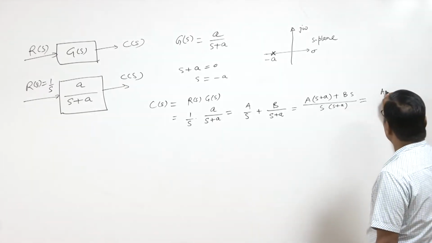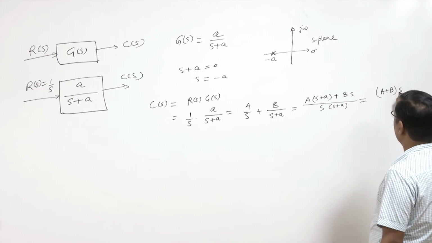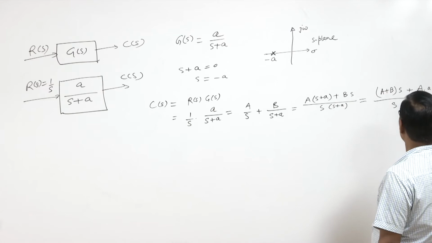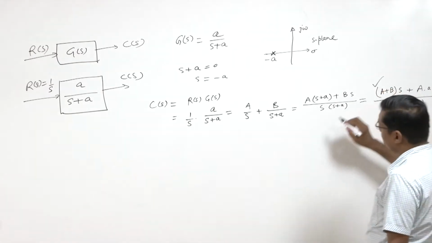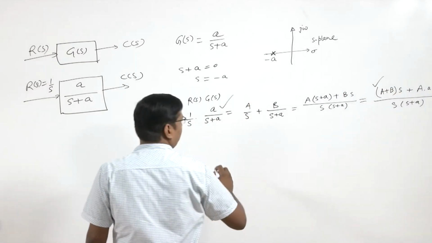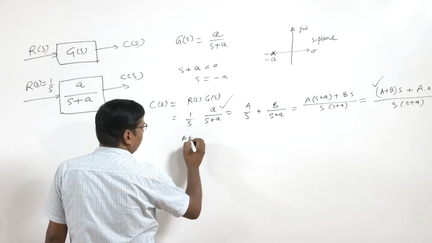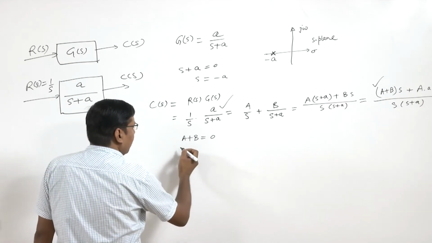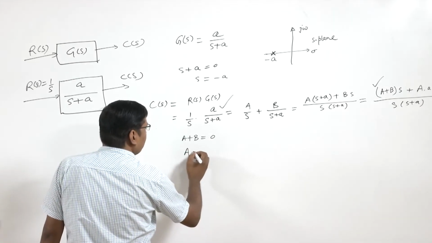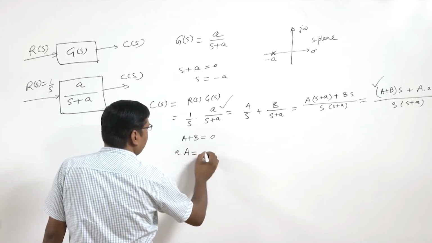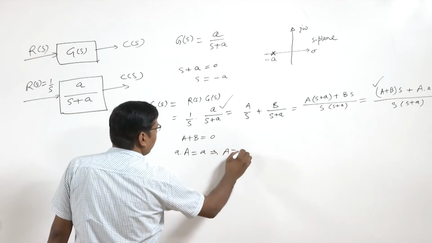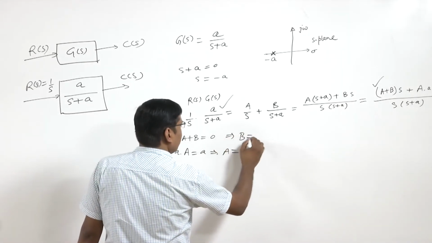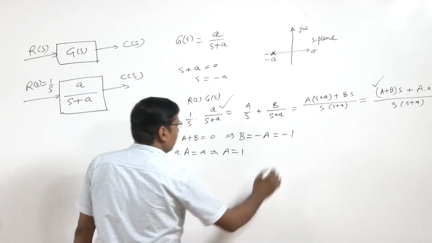So here it is A(s plus a) plus B s into a upon s plus a. Now if we compare, we get A plus B equal to 0 because there is no s term, and A into a equal to a, so this means A equal to 1, and from here we get B equal to minus A, that is minus 1.